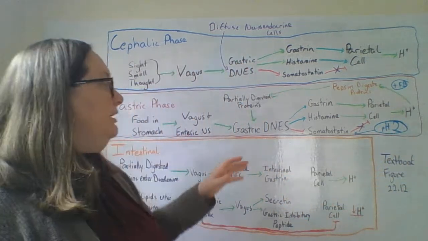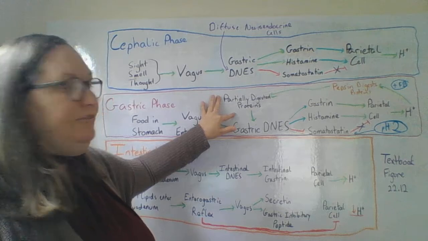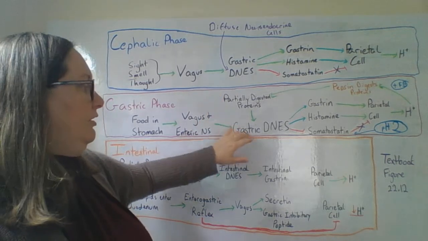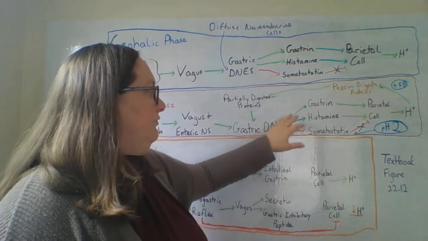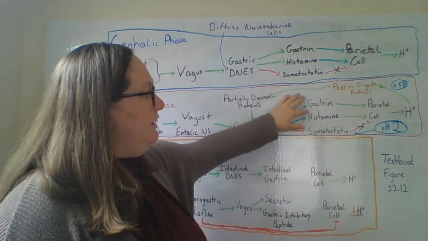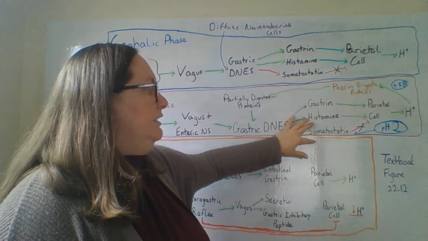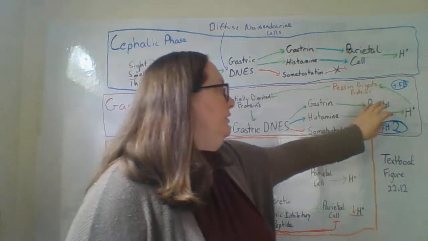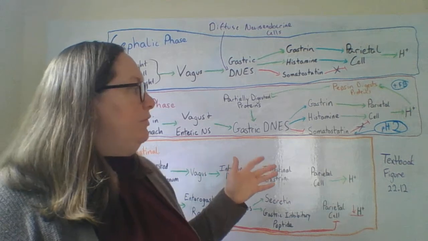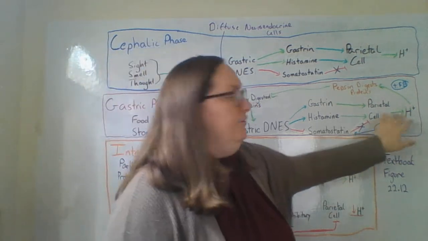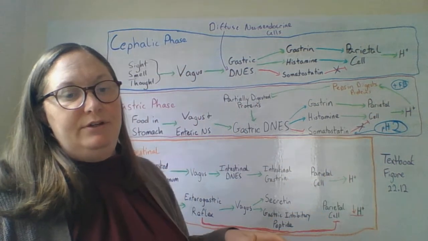But there's another way, right? Partially digested proteins will also activate the gastric diffuse neuroendocrine cells and activate gastrin. Histamine inhibits somatostatin, which will promote hydrogen ion secretion by the parietal cells.